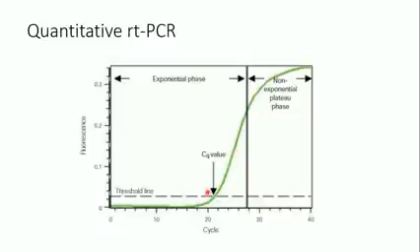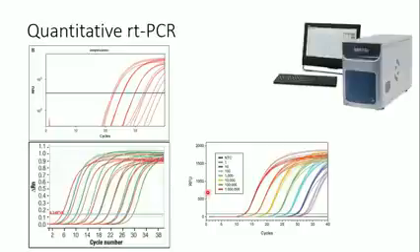Why is it so important? If you see here, the CT here is somehow 22, at cycle number 22, but here it's at cycle 31. What you're seeing is that the fluorescence coming out of the sample at first is too minimal, and then as PCR goes on, it starts to increase.